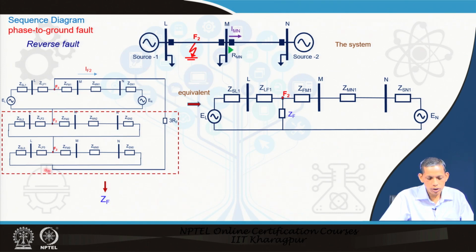Now, this portion we can take an equivalent, like parallel here, combination of these two in series plus 3R_f is nothing but this equivalent Z_F. So, if you put this between these 2 points, then this becomes the Z_F and the rest is nothing but the positive sequence network. A similar network we got in case of the 3-phase fault also.